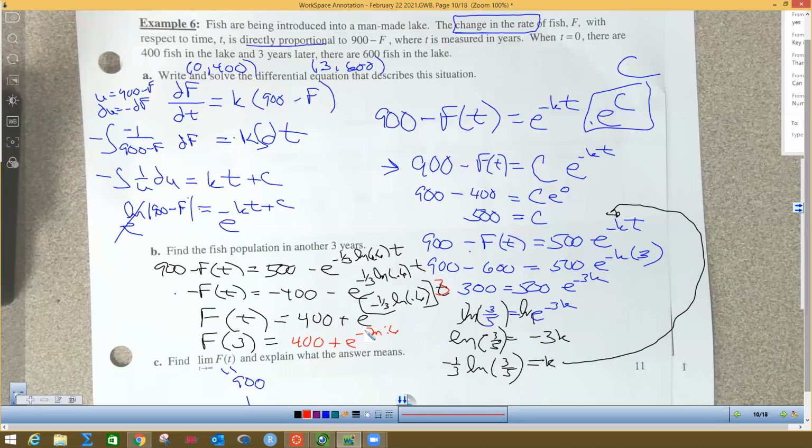Then I'm going to take this negative 1 and bring that up to the power of 0.6. I'm going to change it back into a fraction. So it's going to be e to the natural log, and this is 3/5 again. But that's all raised to the negative 1 power, which means you've got to flip the fraction upside down. So this is 400 plus, these two cancel out, I've got to flip that upside down, 5/3.